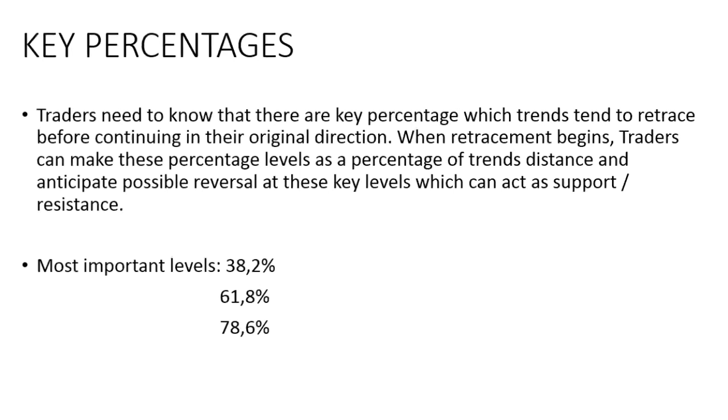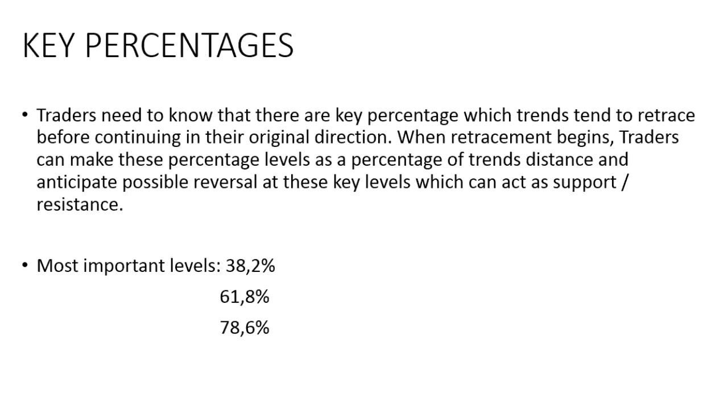Meaning that these key percentage areas, if it's in an uptrend and currently we're seeing that the bullish trend is starting to exhaust, meaning that it's taking a breath, it's slowly retracing downwards, we can start targeting these levels.